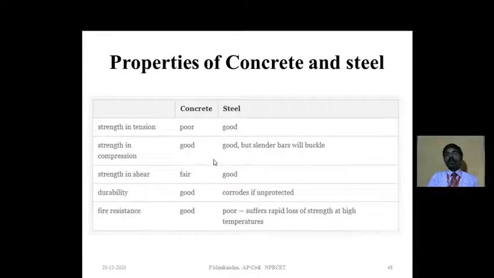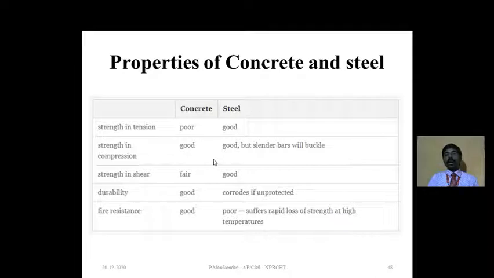The properties of concrete and steel are: the strength in tension is poor in concrete and good in steel. The concrete is sound in compression, and steel is unsound in compression because a slender bar will buckle.